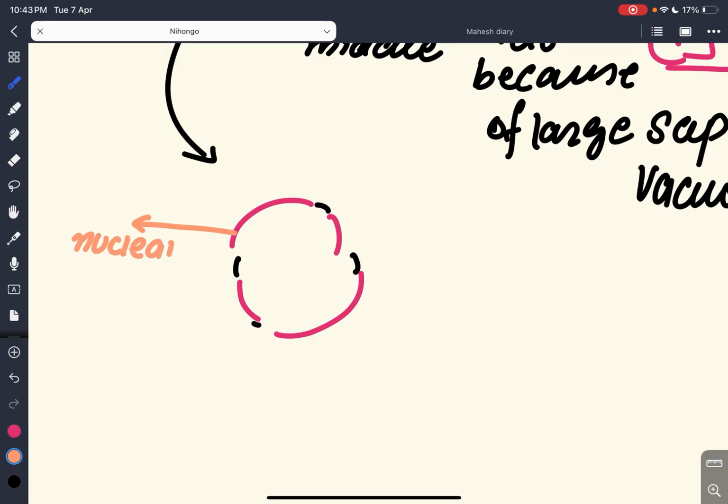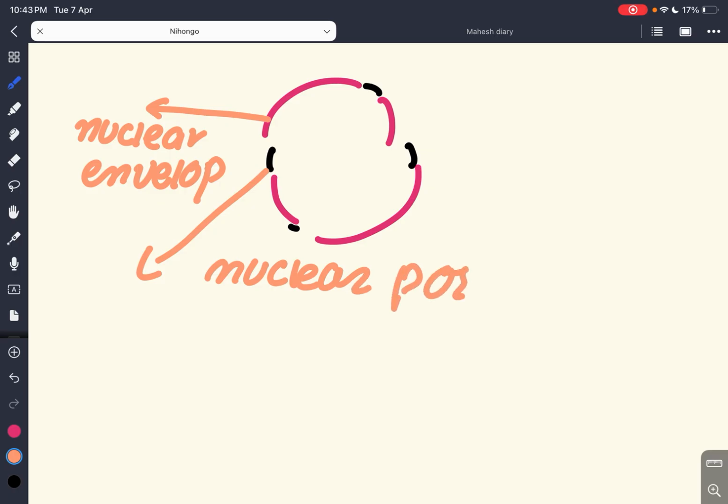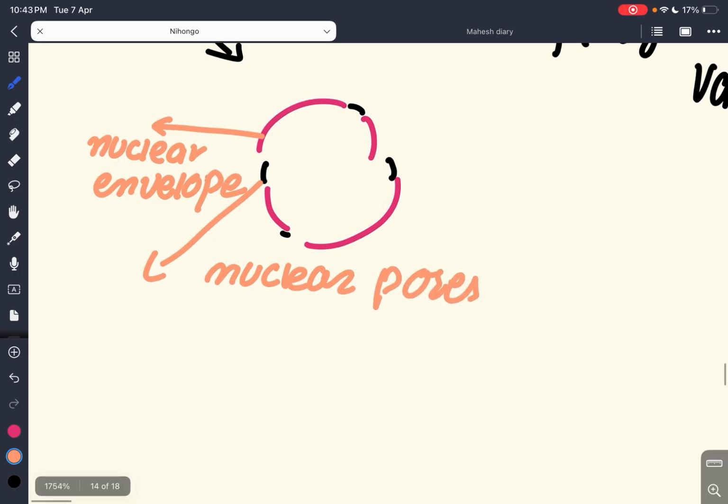And these black things that I've drawn are nuclear pores. You don't have to know what these structures do in this chapter. Nuclear pores are mostly used for absorption, or for anything that has to go in or out of the nucleus.